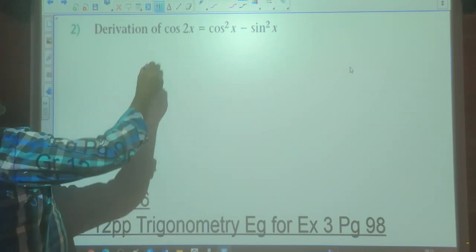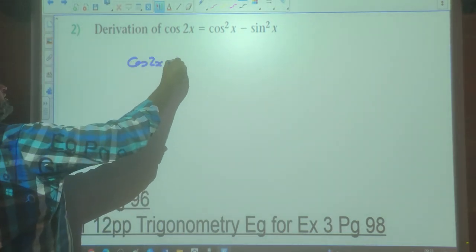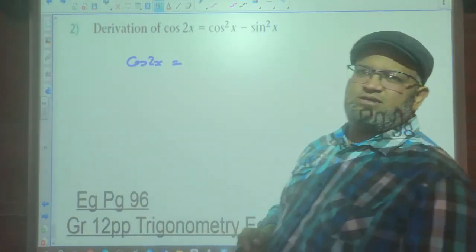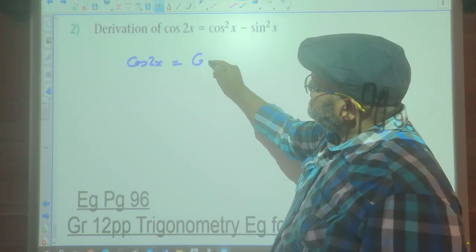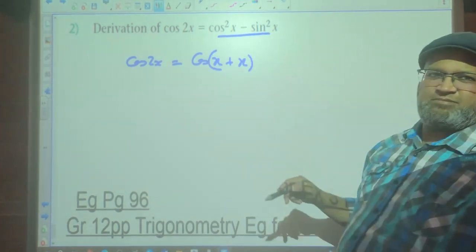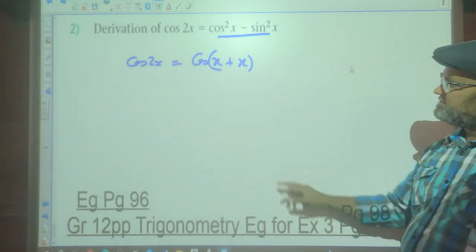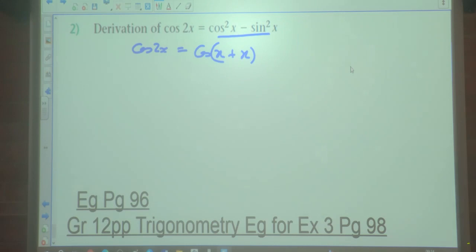So let's go with cos 2x. We see cos 2x can be written as what? Cos of x plus x. So now what can be done? You can of course use the cos expansion.